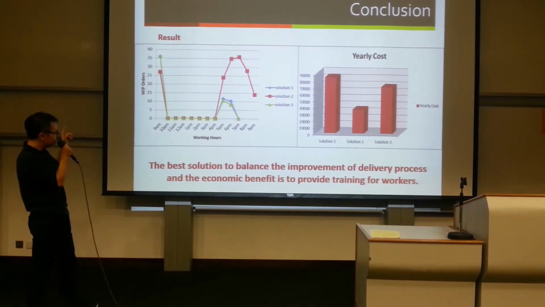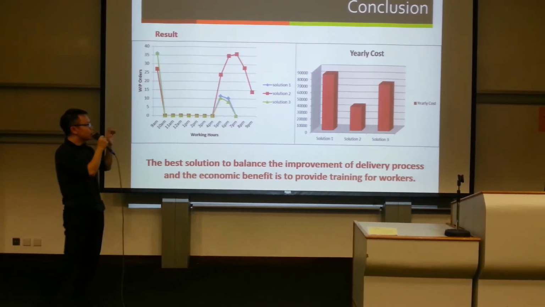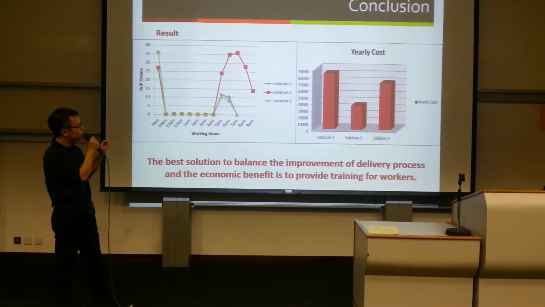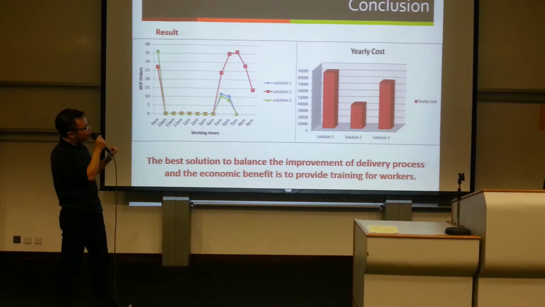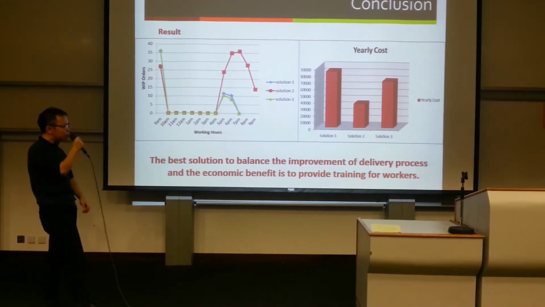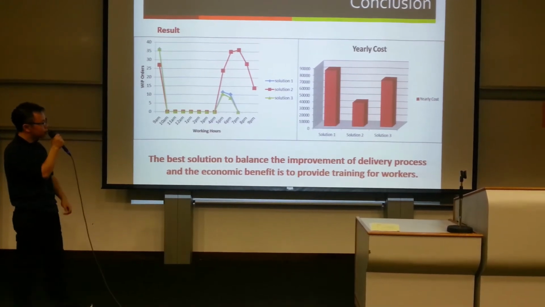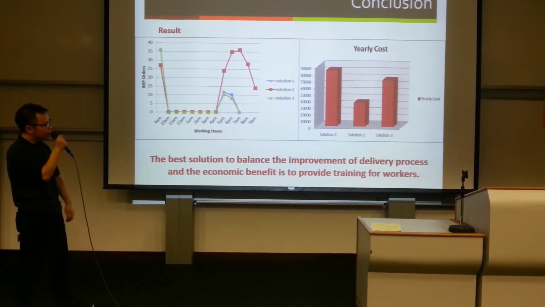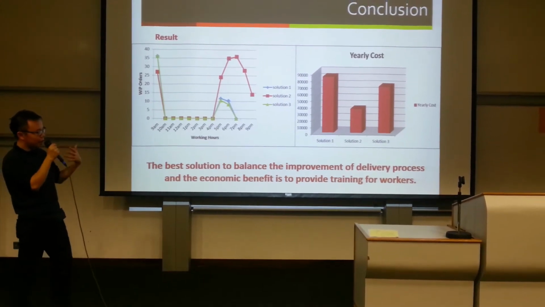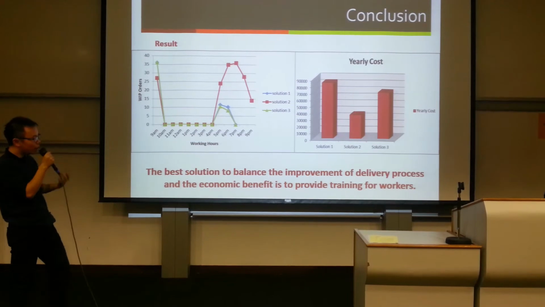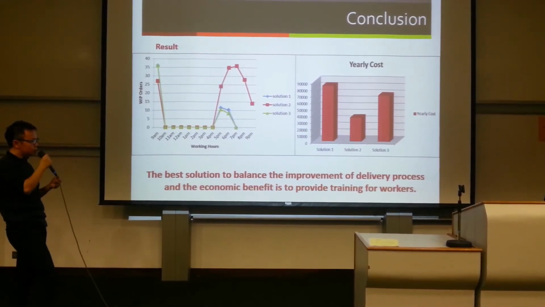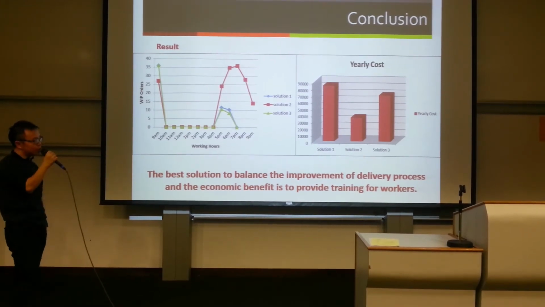But if we compare the cost, we can find that solution 1 will cost about 19,000 RMB per year, and solution 3 will cost about 75,000 RMB per year. So it gives us a quite straightforward conclusion that solution 3 is much more economical.